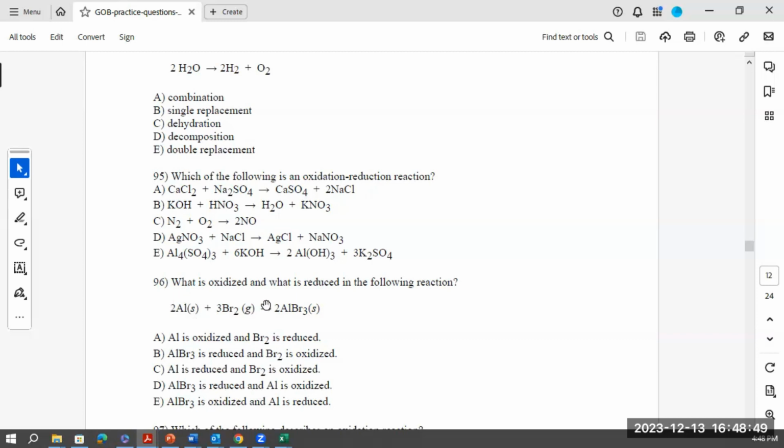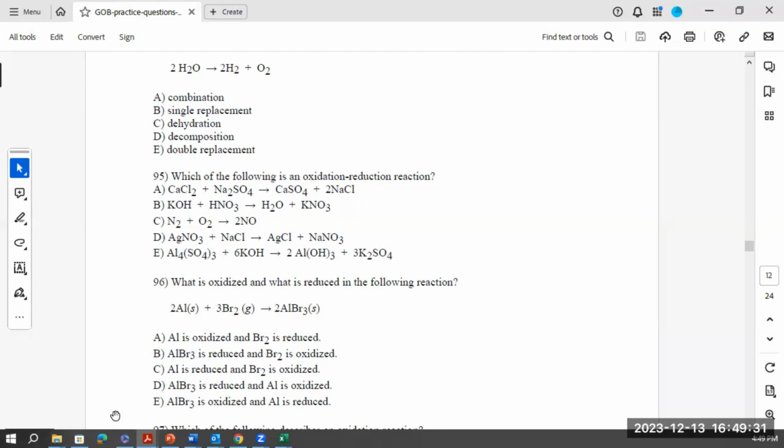And we go from a 0 charge to a +3 charge. Is that losing electrons or gaining electrons? It's losing electrons, right? So we know that it lost 3 electrons. Loss of electrons means oxidation. So the aluminum is being oxidized, and the bromine is being reduced because gain of electrons is reduction. So aluminum is oxidized, bromine is reduced. That would be the correct answer.